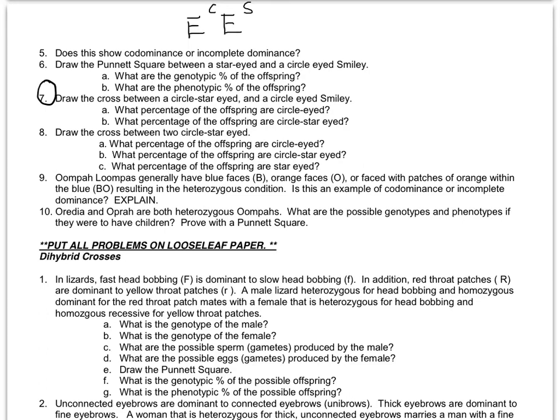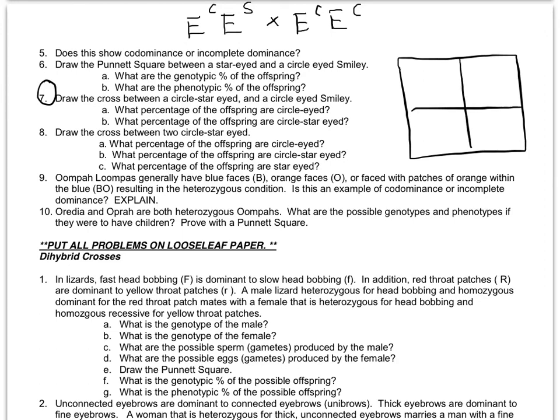Now this individual would have circle star, and we're going to cross that individual with one that has circle eyes. So that would be EC, EC. Now when I go ahead and draw out my Punnett square, I'm going to take these alleles and I'm going to put them in the Punnett square just like I did with all of the others. And it's the same concept.